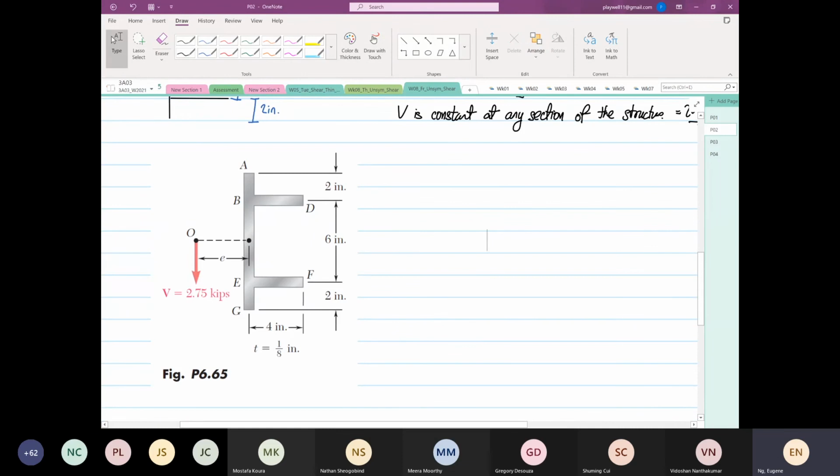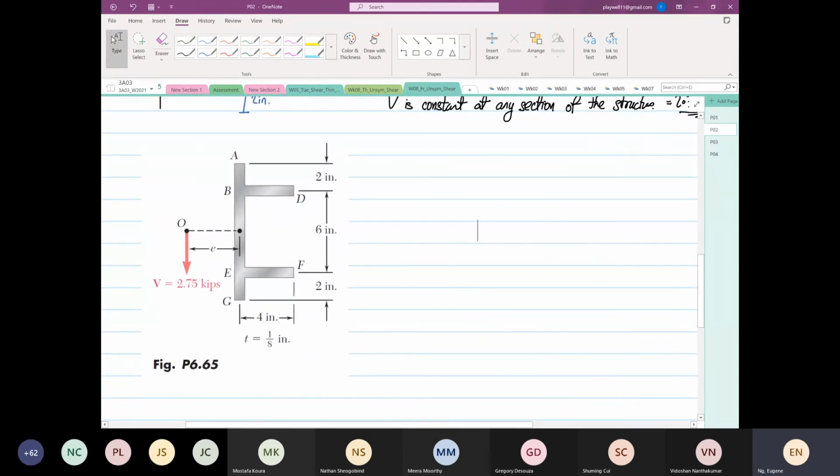So we know the vertical force in the section is called V. We still call it V. So we construct this. This is our V, our vertical force. Now we construct the rest. The V over here.